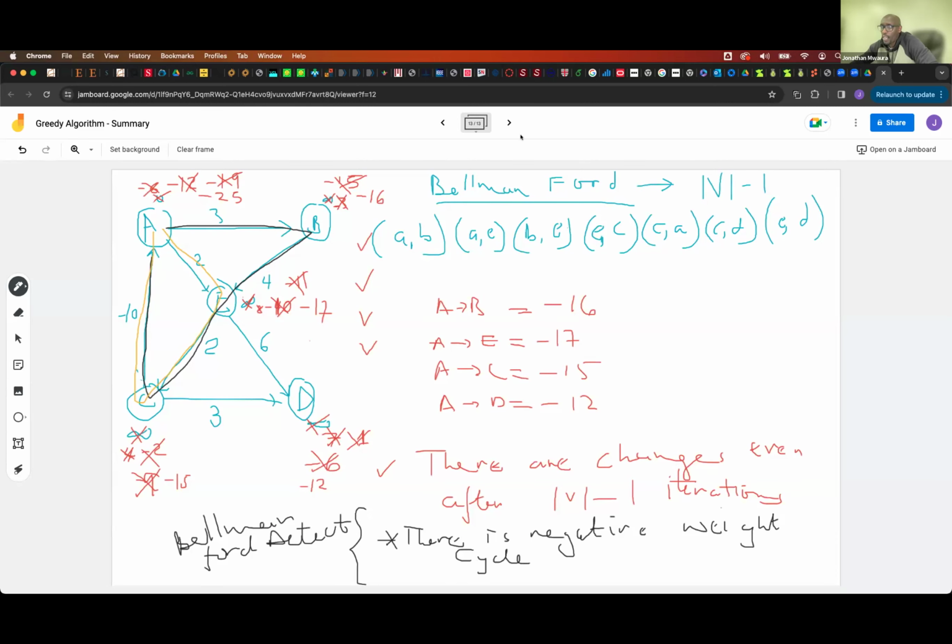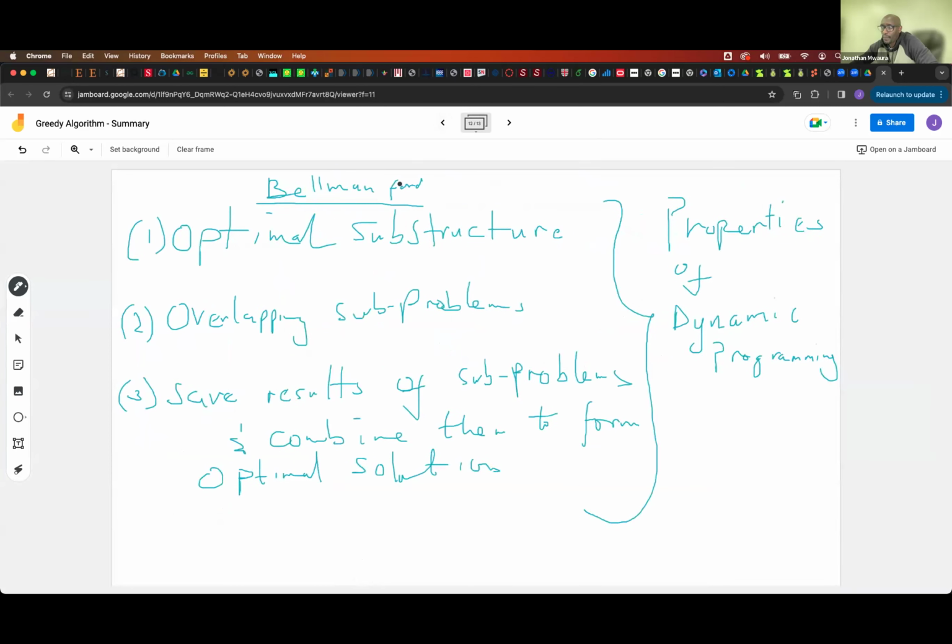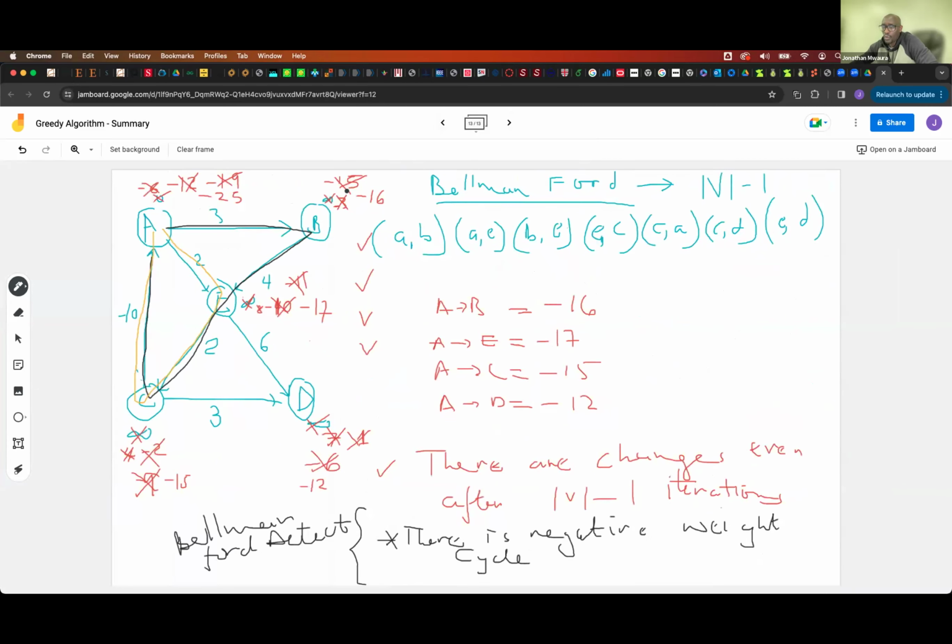So Bellman-Ford is a dynamic programming technique for solving single source shortest path problems. It's versatile in the context that when we have negative weights, it can help us do something that Dijkstra's algorithm could not.